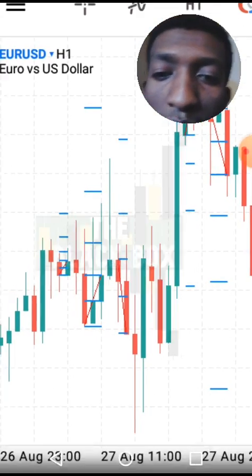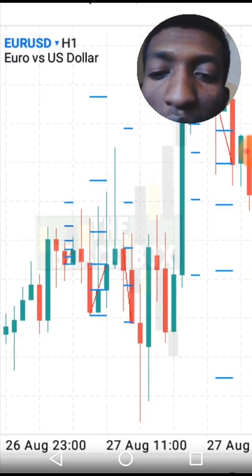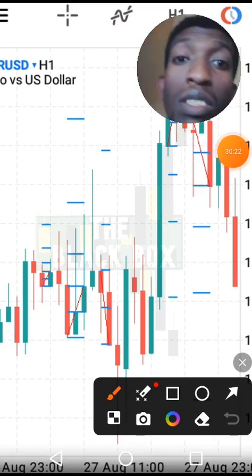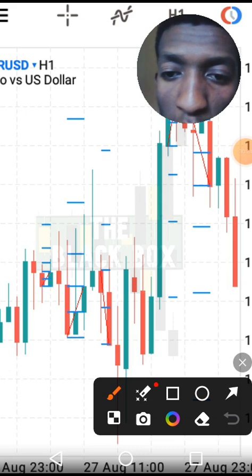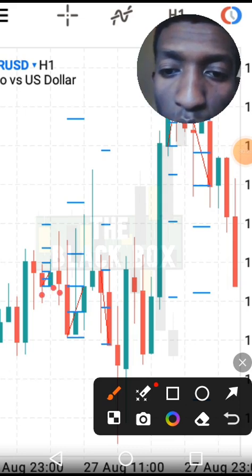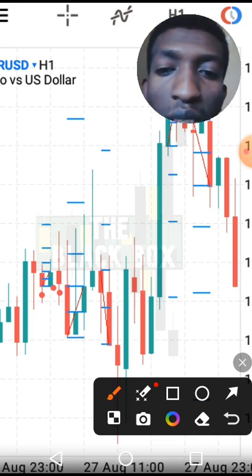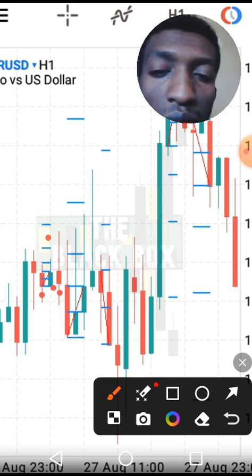So what is this? Do we have a black box here? Yes. There. Two. The middle one, three. What happened? It broke. It traded up. I entered the trade on the upside.